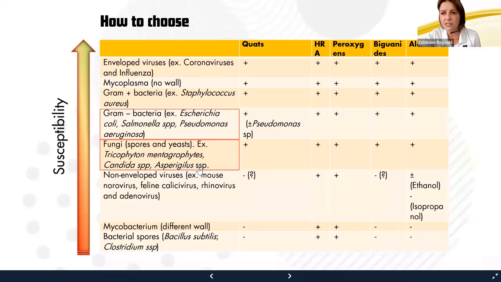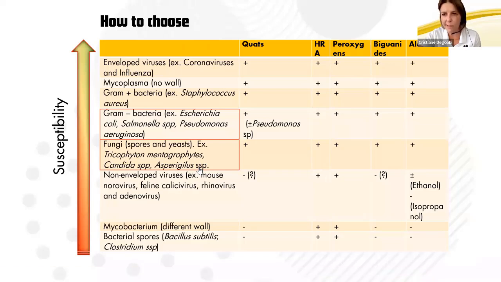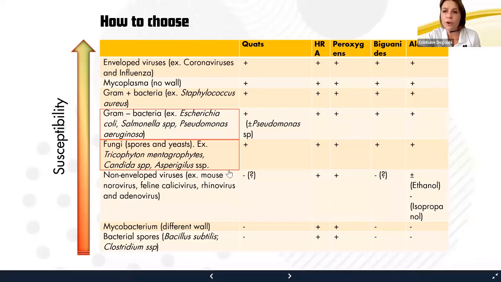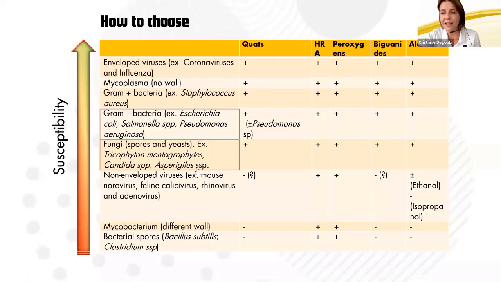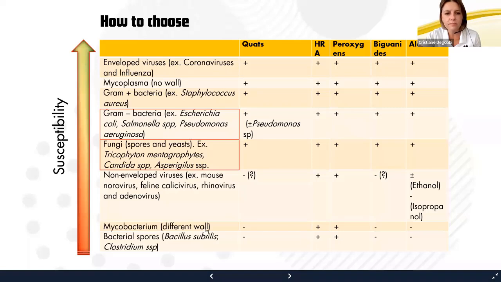These are the main ones that you're going to read on the label, okay? So if you have a mold problem and you see that this product has been tested against Aspergillus, it's likely that it's going to work for other types of mold species. This is something for you to remember.